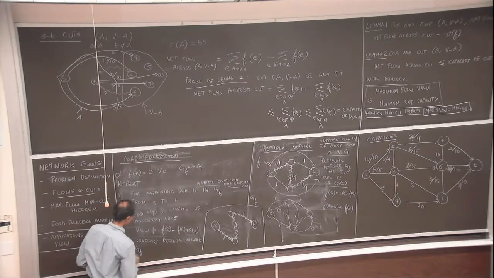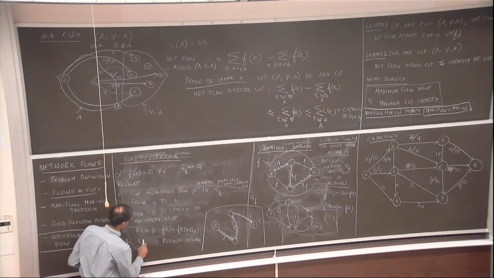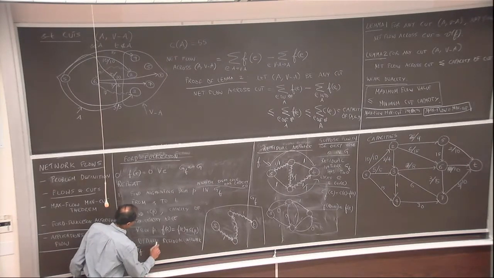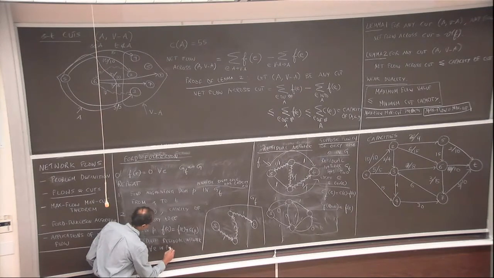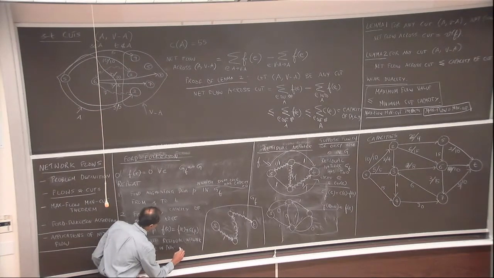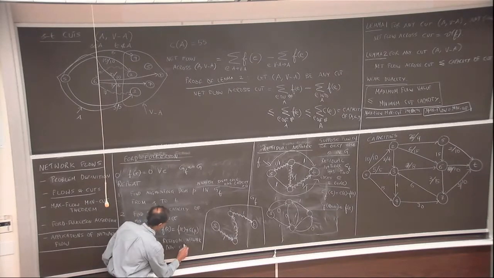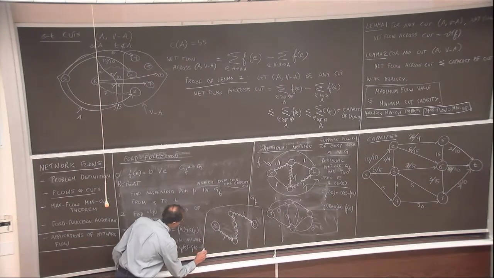Update, let us say update residual network, as follows. For all edge E in path, its capacity now, Cf of E, is equal to its original capacity minus how much flow is going.